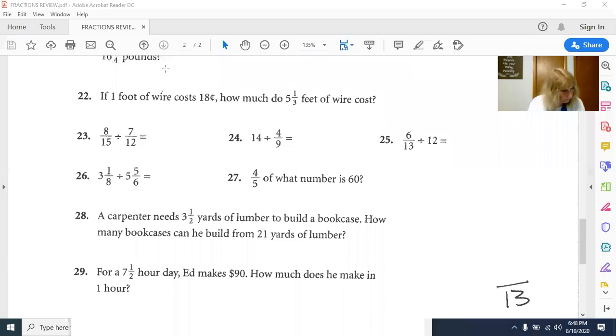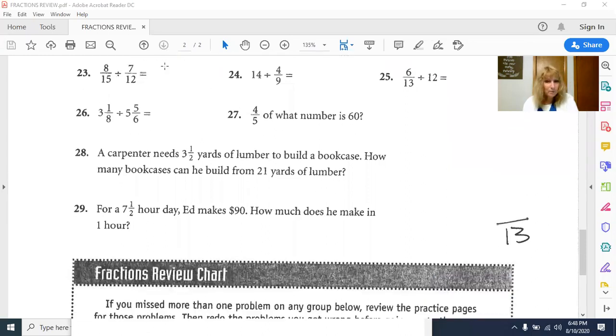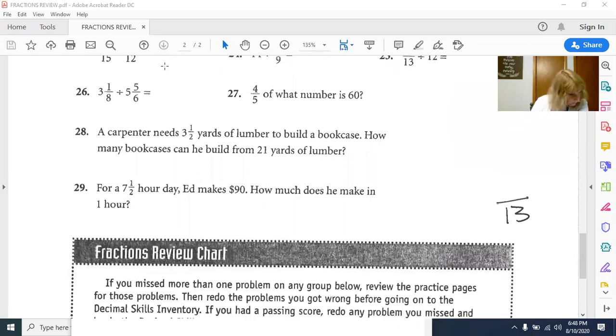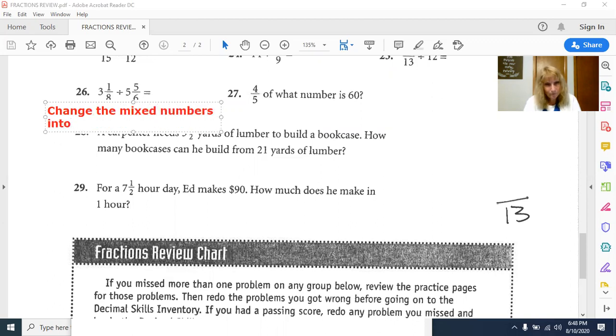Moving on, number 26. Same concept. I think that's why you got these wrong. 26 is going to be the same thing except one additional step. Before you can do keep, change, flip, you have to change the mixed numbers into improper fractions.